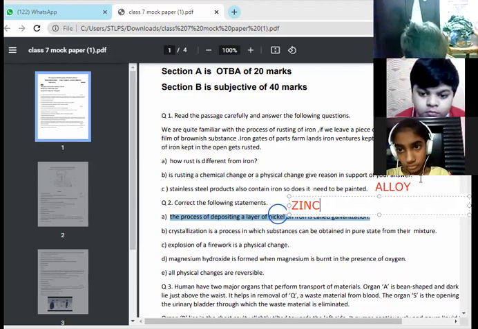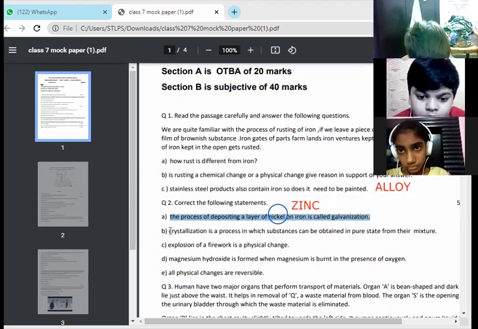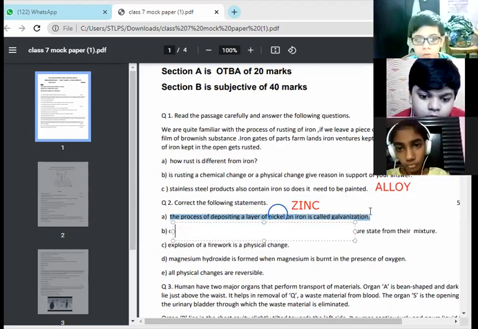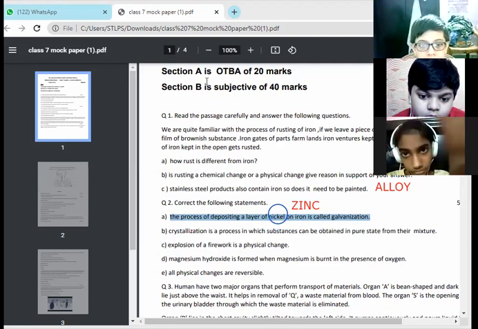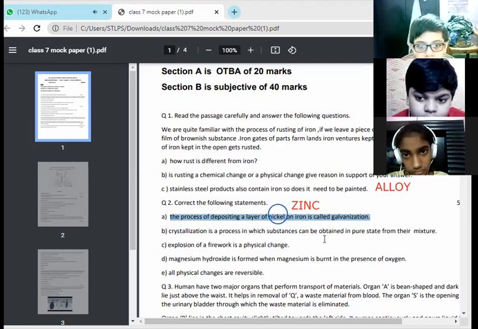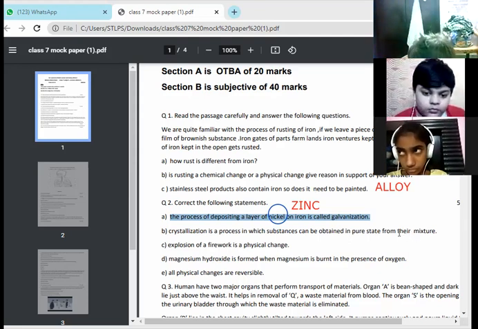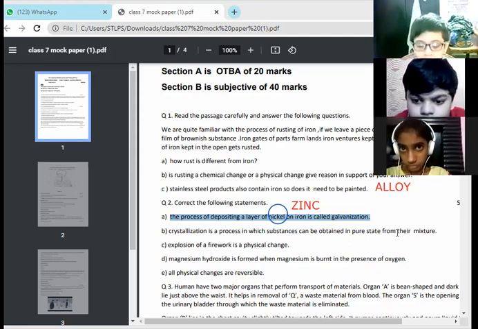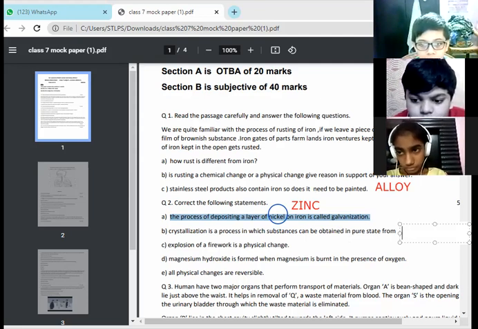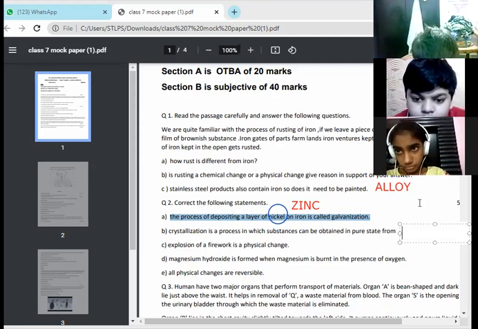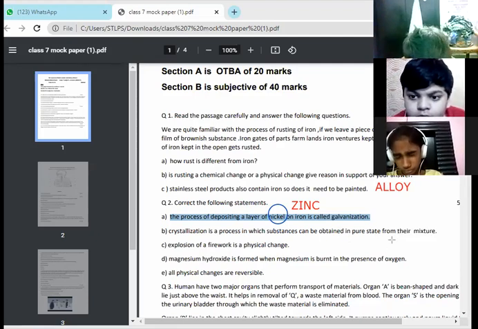Next, crystallization is a process in which substances can be obtained in a pure state from their mixture. What can be the answer instead of it? For this, you have to go through the definition of crystallization.